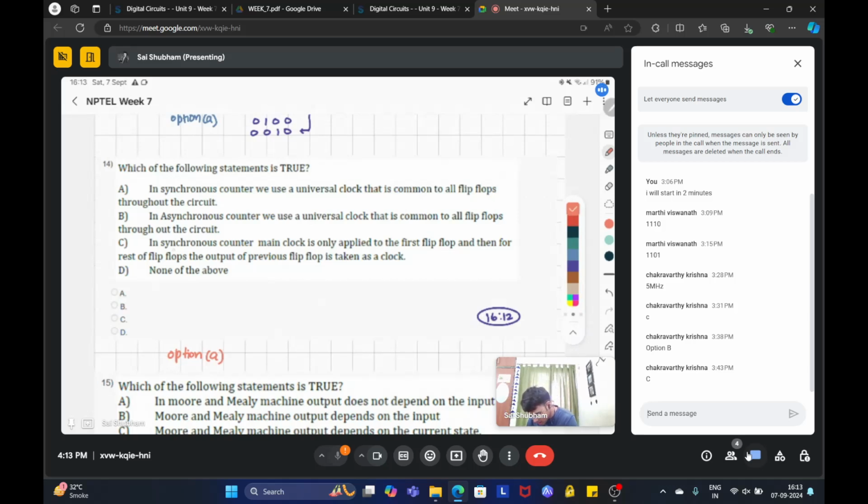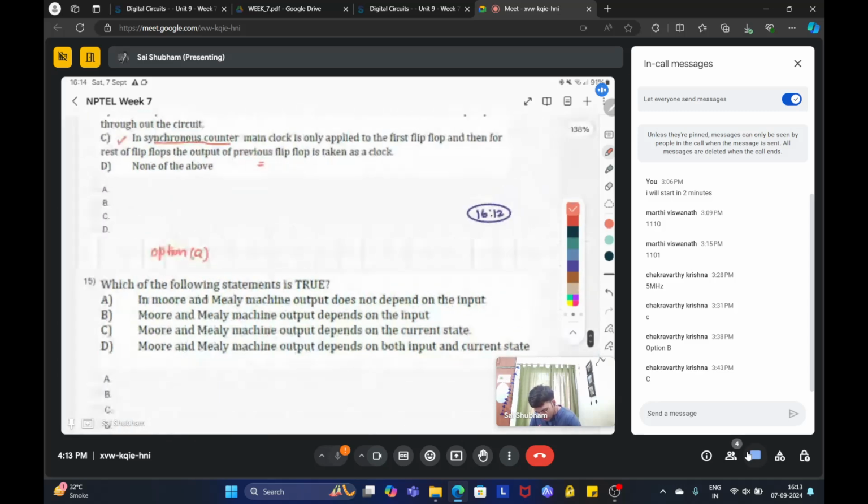So in option C, if I make the synchronous counter asynchronous, this option will be correct. So option A is the correct answer. Let me explain again. In option C, the definition is given for the asynchronous counter instead of a synchronous counter. Moving on to the next question.